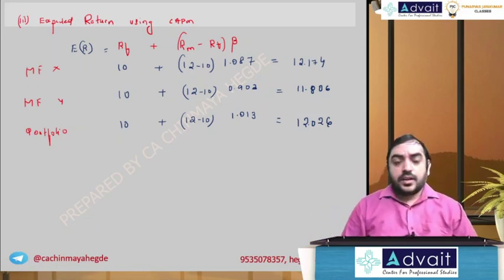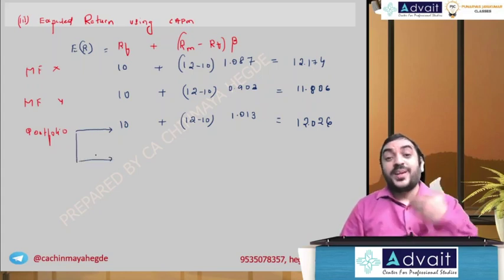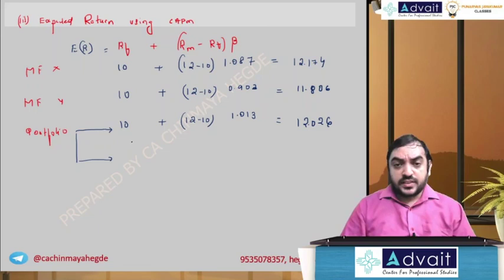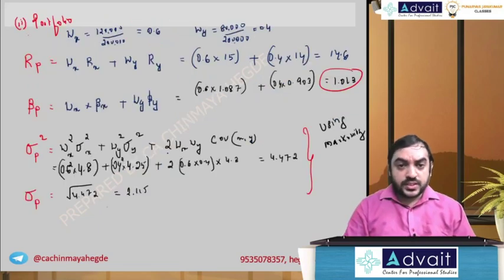Okay. You can also calculate the portfolio return based on average return. For the portfolio, one method is this. Alternatively, you can also do it by the weighted average. That is, X has got 12.174 and its weight. Hope you remember in the previous session we discussed 0.6 and 0.4.